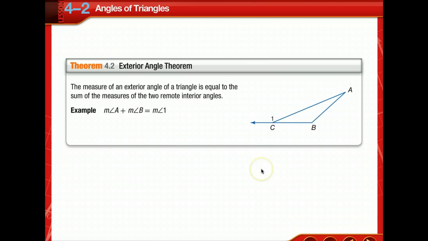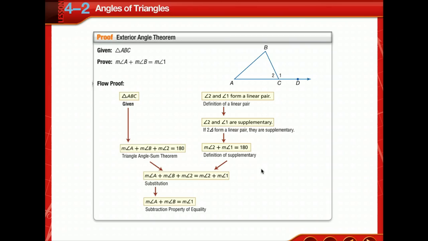Okay, so let's put this into practice. Now we're looking at a flow proof proving the exterior angle theorem. Now a flow proof simply uses statements that are written in boxes, and they have arrows to show the logical progression of an argument. So notice we sort of got two arguments going at the same time.